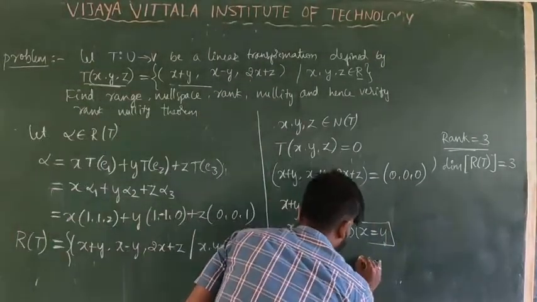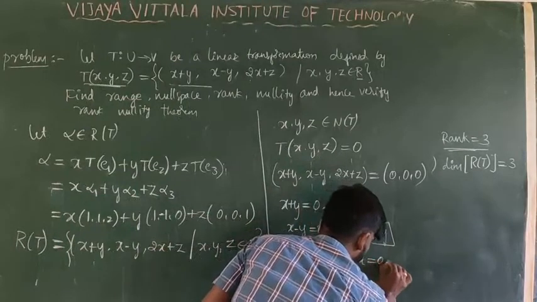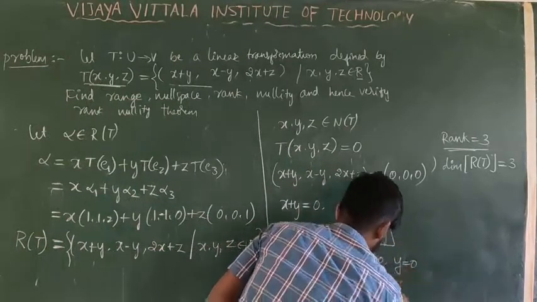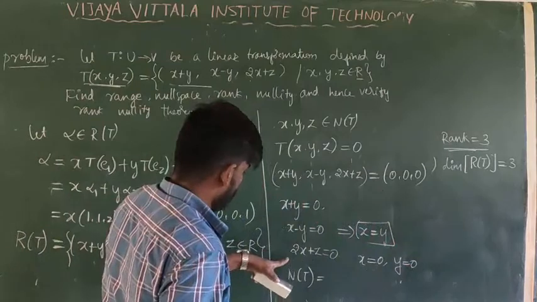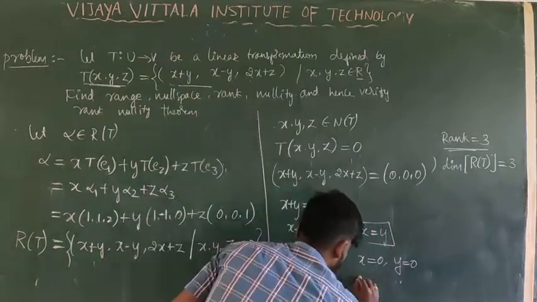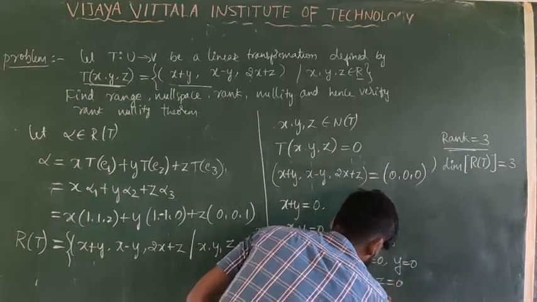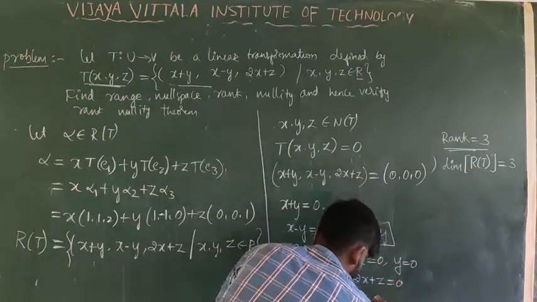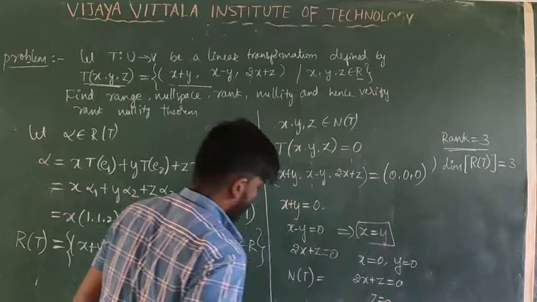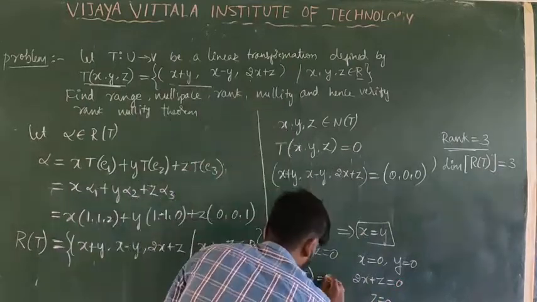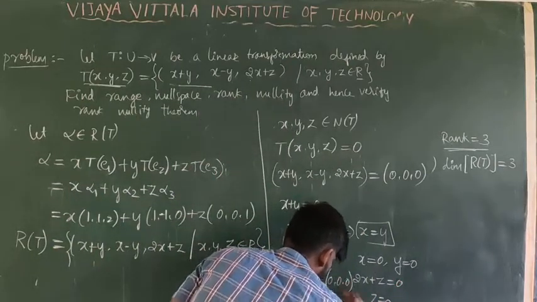If we take x as 0, then y is 0. Then in 2x plus z, we substitute 0 in place of x, and we get z equals 0. Therefore, the null space is (0, 0, 0).